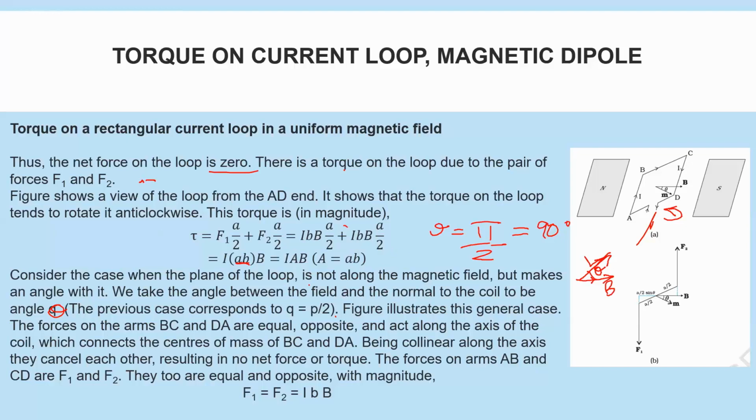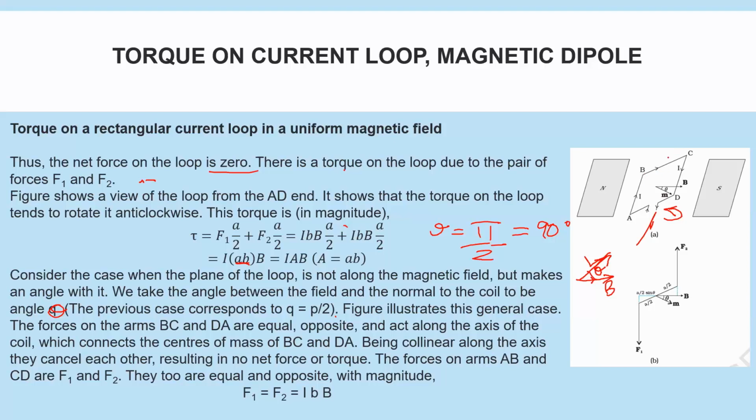Now we can say that the forces on the arms BC and DA are equal and opposite, and they act along the axis of the coil, which connects the centers of mass of BC and DA. The forces on these two arms are equal and opposite, acting along the axis of the coil.